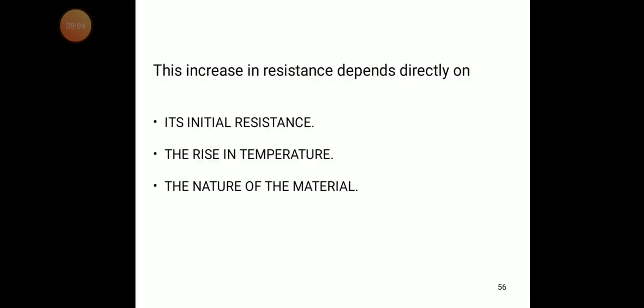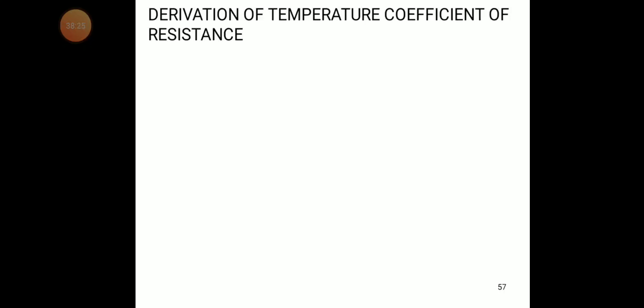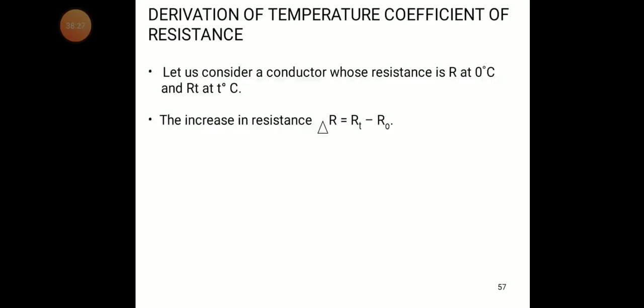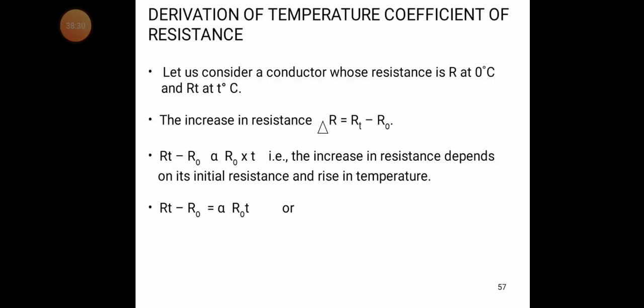Like this, these three factors affect the resistance of the conducting material: the initial resistance, the amount of temperature increase from the starting value, and the type of material used in manufacturing the resistor.